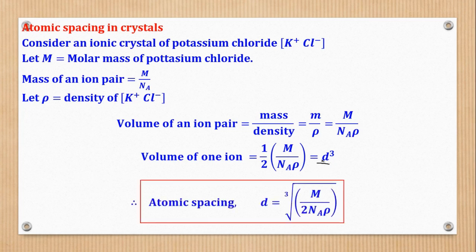So if d is the atomic spacing, then the volume of one ion will be equal to d cubed. But they want the atomic spacing, they want the value of d. So what we do, we make d the subject by getting the cube root of the whole of this left hand side. So this is what we call atomic spacing. We use this formula, then we can get the atomic spacing they want.